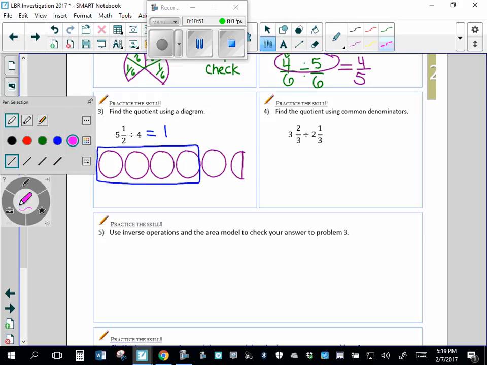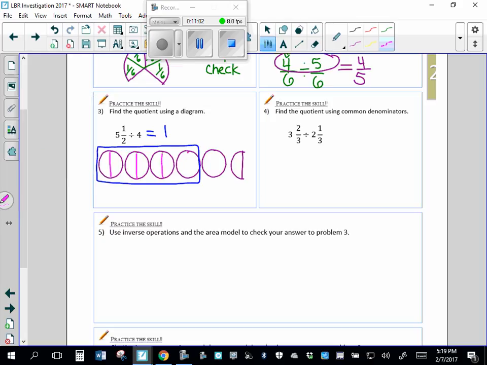And we talked about this in class, but it was really challenging. If I think of 4 and what's left over, there's 3 parts left over out of 8 parts in 4.